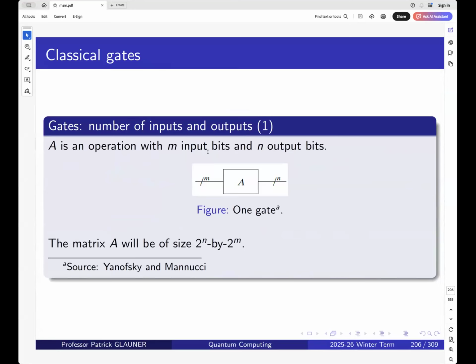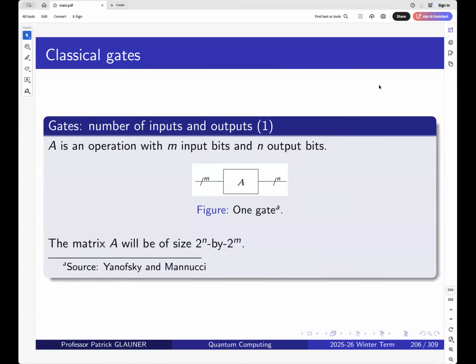We've discussed this once, but now it's just a revision. If I have m many inputs and n many outputs, then the matrix would have 2 to the n many rows, because these are the outputs, and 2 to the m many columns, because these are the inputs.